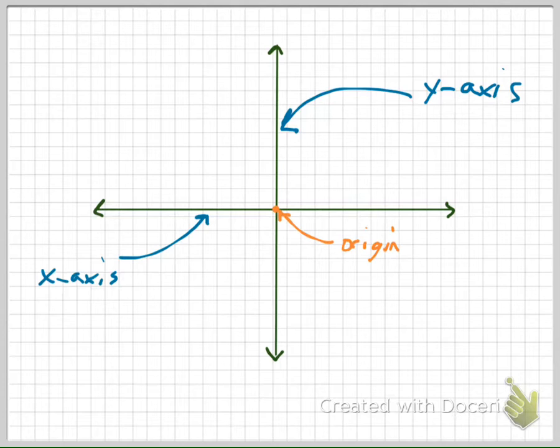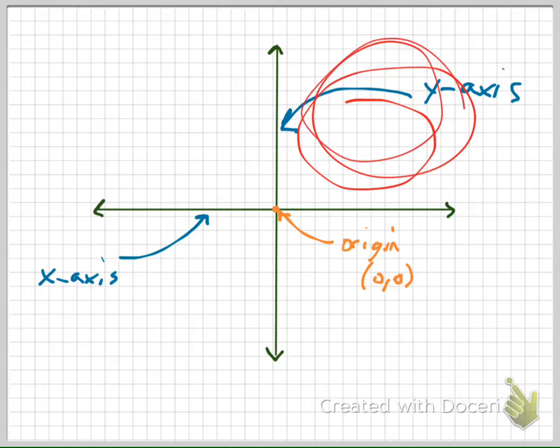What is the point of the origin? 0, 0. Right? We'll come back to that in a second. What's this whole thing called again? The coordinate plane. Very good. And the x-axis, y-axis. What quadrant is this big guy out here?